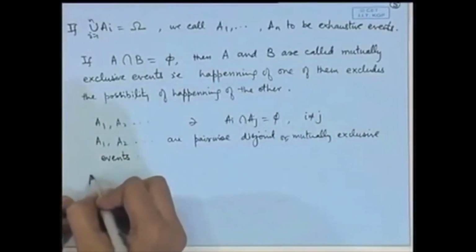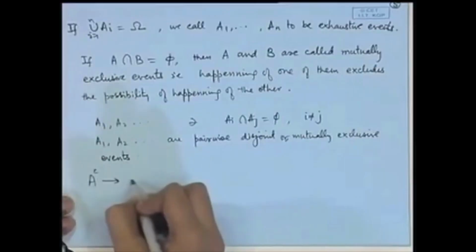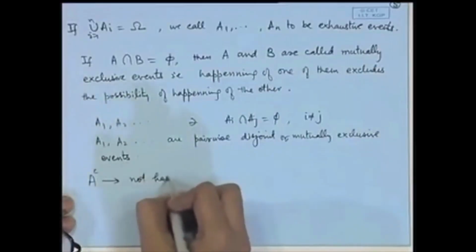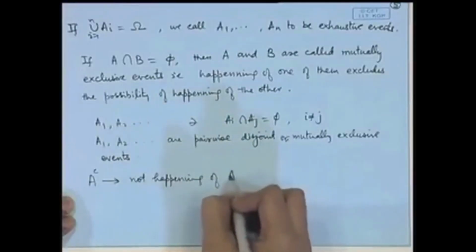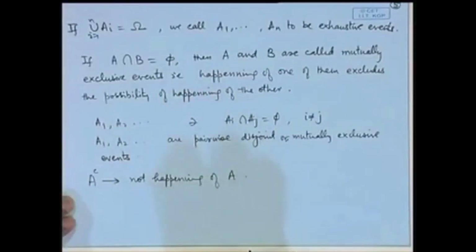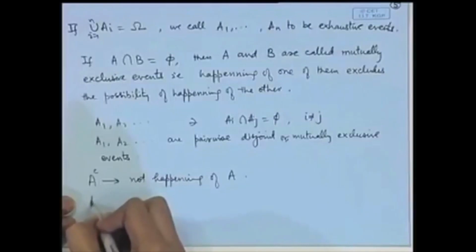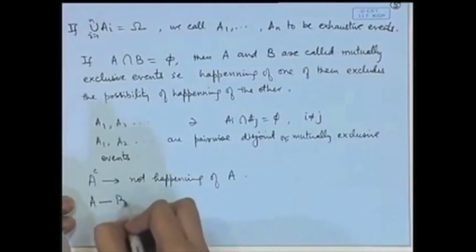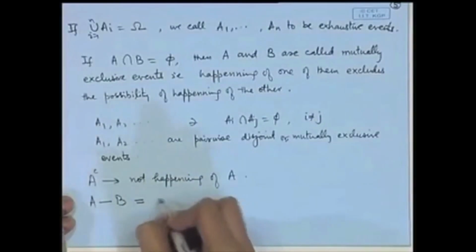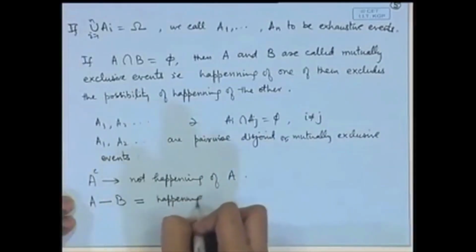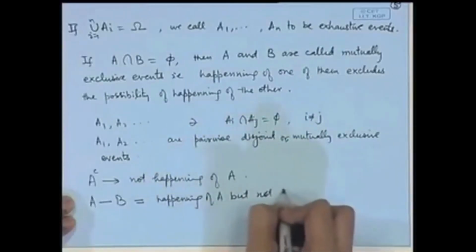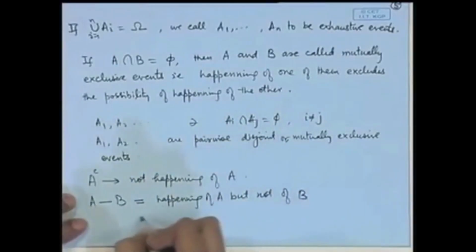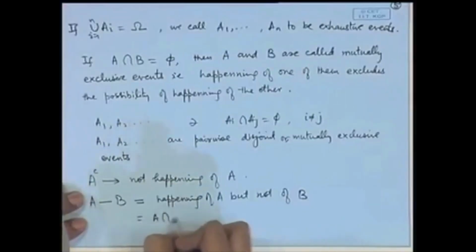Given an event A, the A complement will denote not happening of A. In a similar way, if I have event A and an event B, then A minus B will denote happening of A but not of B. This is true because this is equal to A intersection B complement.